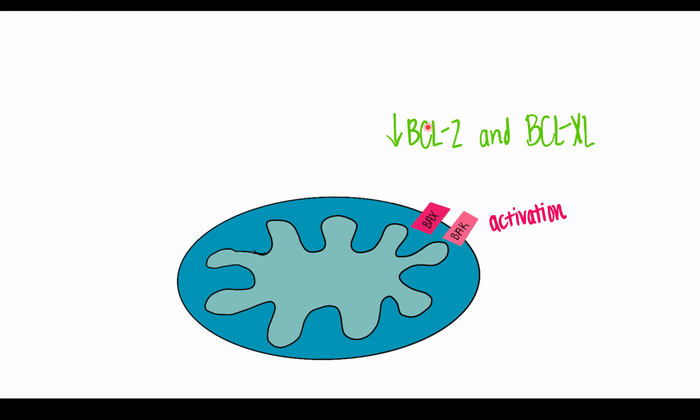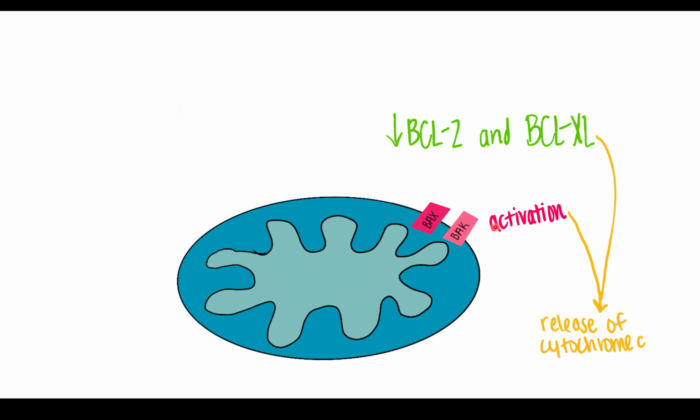If you're decreasing the anti-apoptotic proteins and you're increasing the activation of the pro-apoptotic, those are both going to have a net effect of causing the release of these proteins, so cytochrome C, into the cytoplasm. That is going to initiate a caspase cascade, okay?